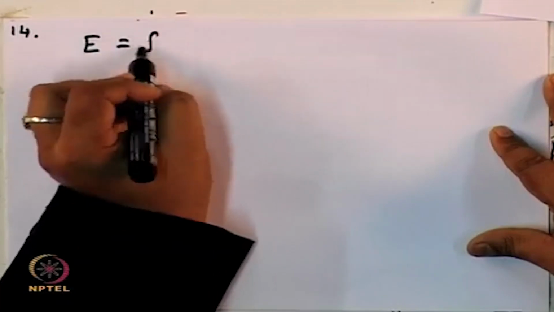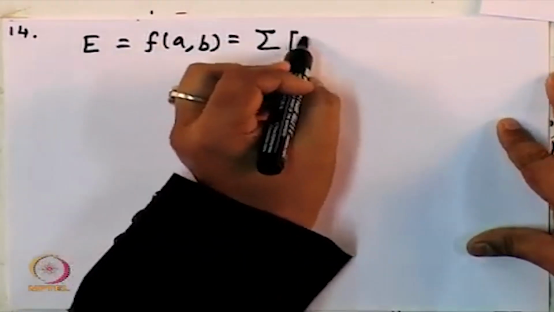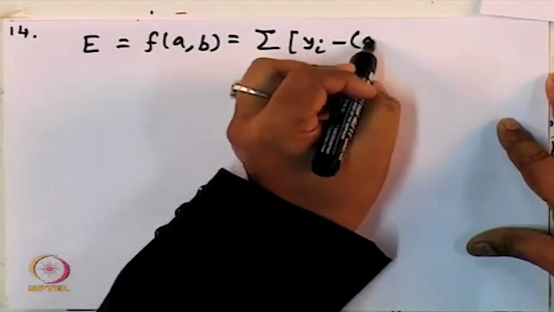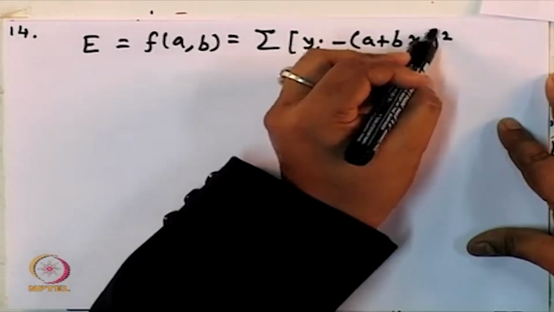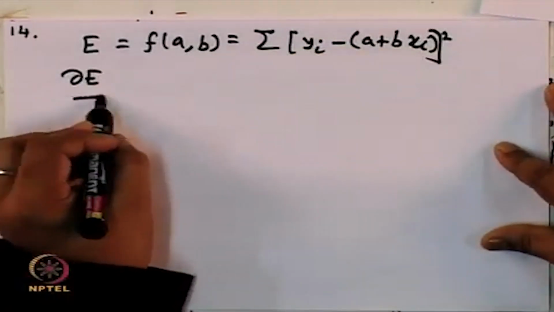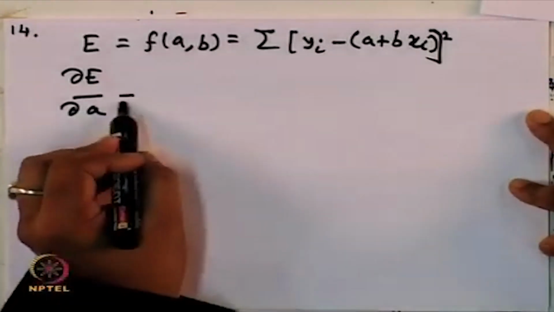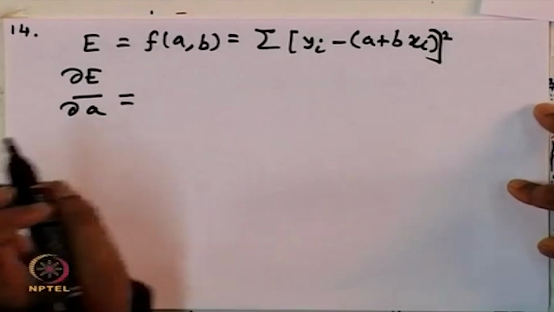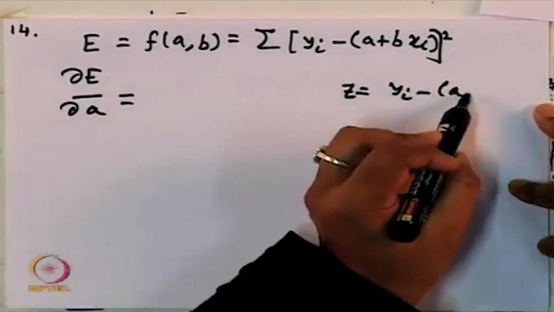Okay. So, now coming back to the problem, I have two equations. My error is equal to f of a comma b, okay. So, let me find out the partial derivative with respect to a. Okay. So, let us say if I were to say z is equal to yi minus a plus bxi.